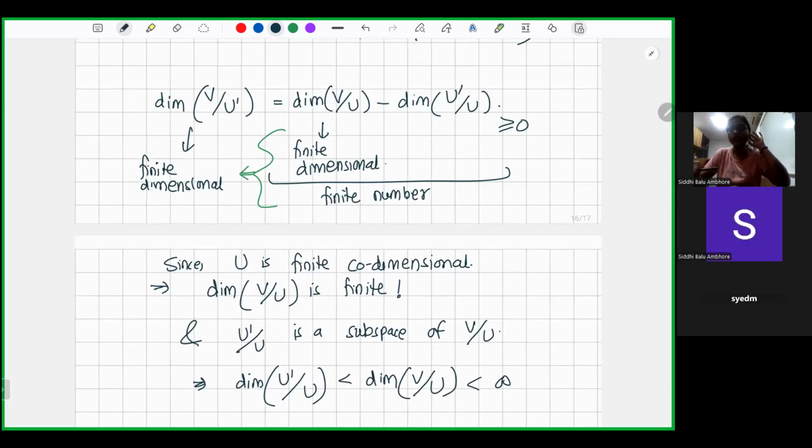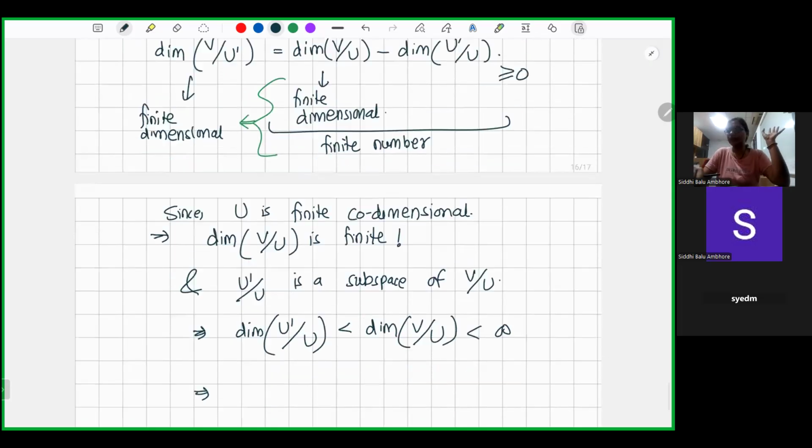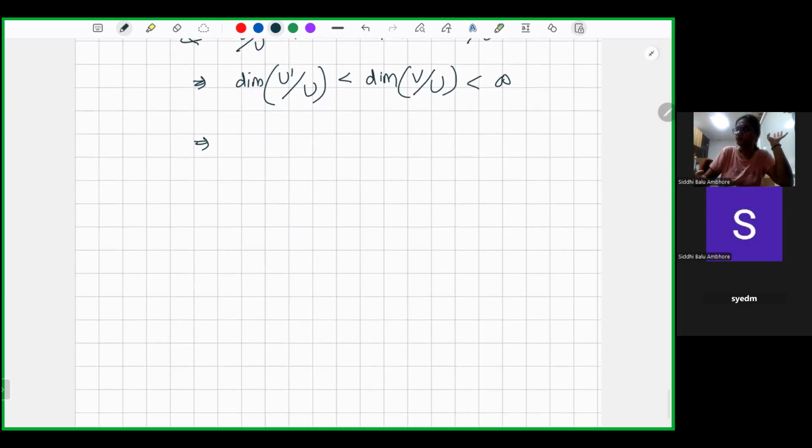What I'm trying to say here is that the number on the right hand side is some finite number, and therefore the dimension of V quotient U dash will be strictly less than infinity.